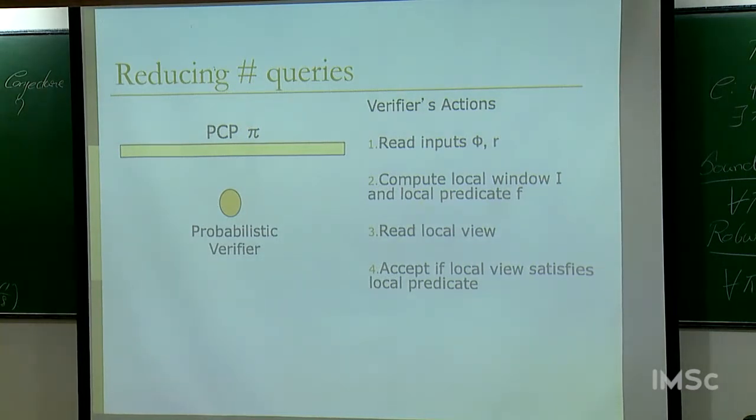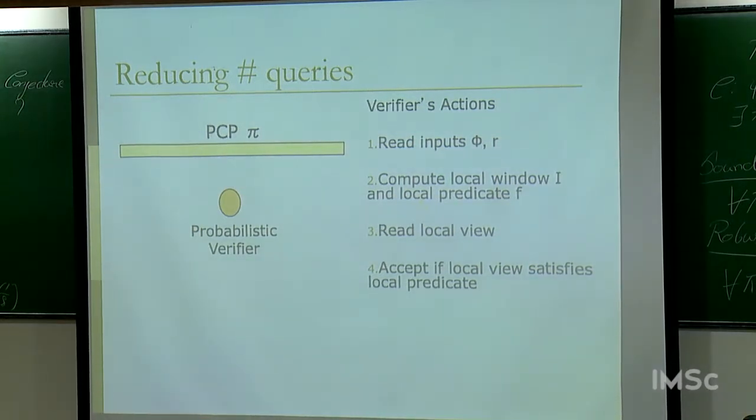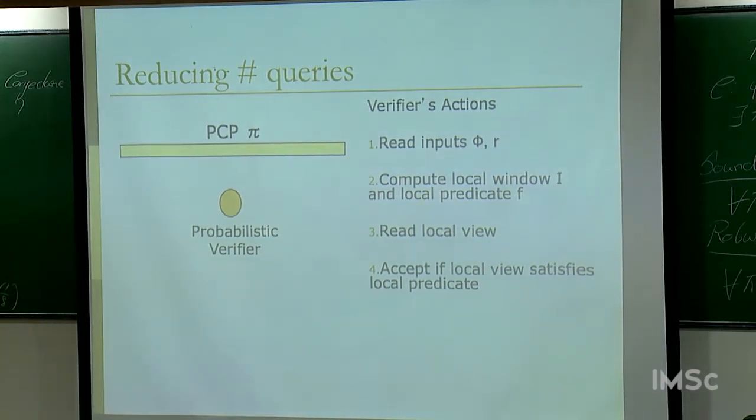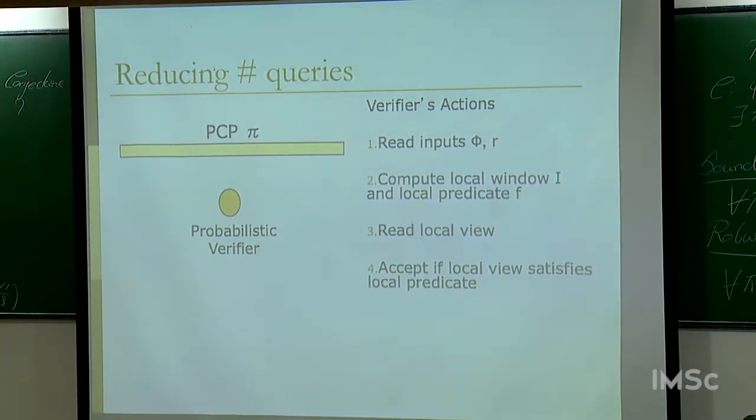The PCP theorem says you can reduce the locality all the way down to a constant, but suppose you were able to do it to square root n or something of this form, then let's see, can we do better? This is where composition comes in. Already square root n is something non-trivial. I do not know how to do it. Classical NP completeness says you need to read the entire proof, you have to see every single bit. But suppose you could make it something smaller, then what could we do?